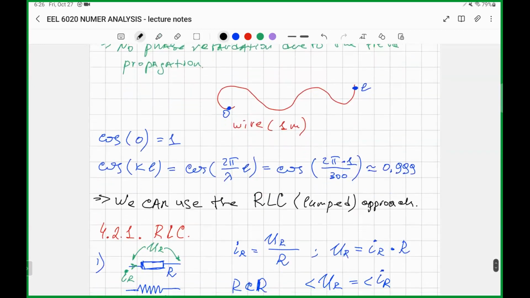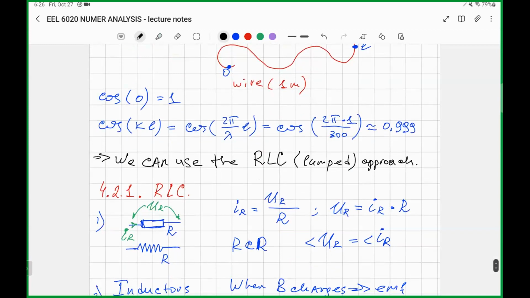Okay, and at the same time, all the elements in, for example, the circuit, are much smaller than the wavelengths. And since we have no phase retardation, no phase delay between the points in the circuit, we can consider each element of the circuit as a lumped element, basically like a point-like element.